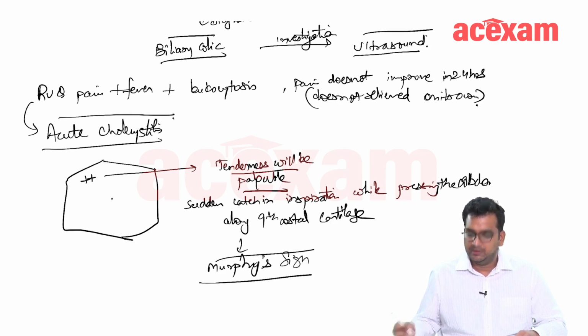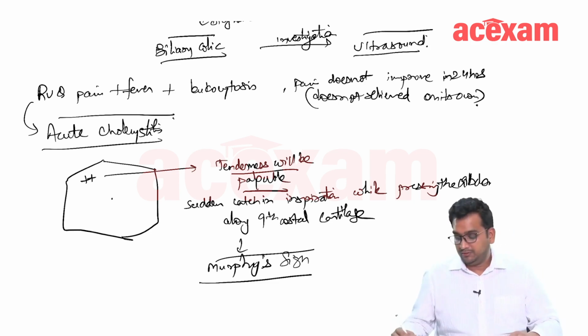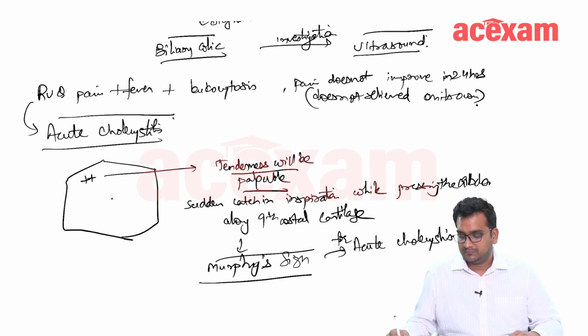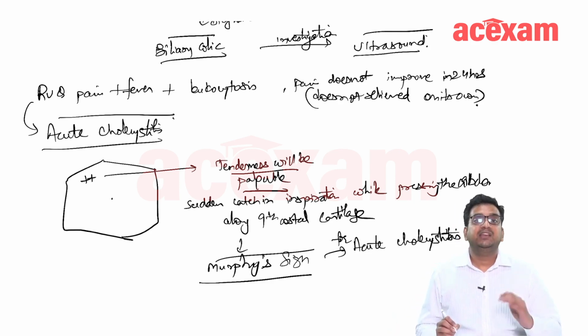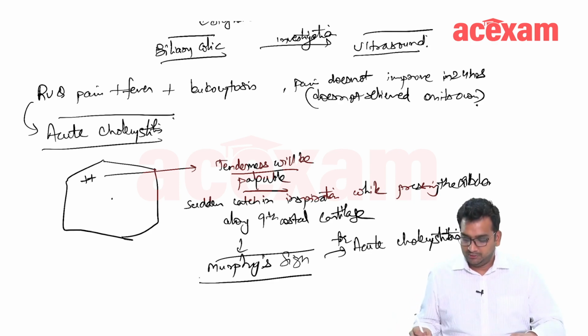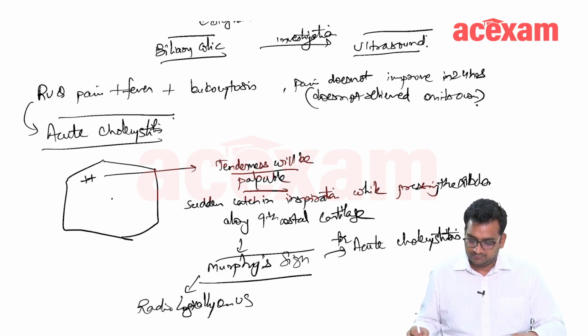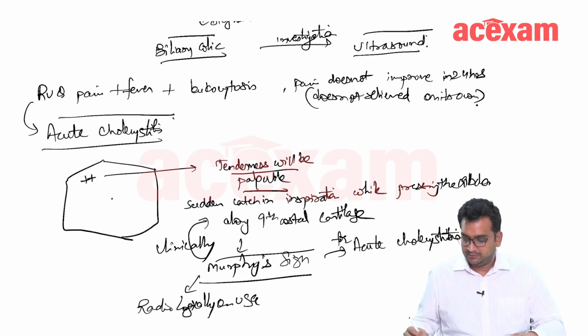Murphy's sign is a sign for acute cholecystitis. It can be elicited radiologically on ultrasound and also clinically. This is regarding Murphy's sign.